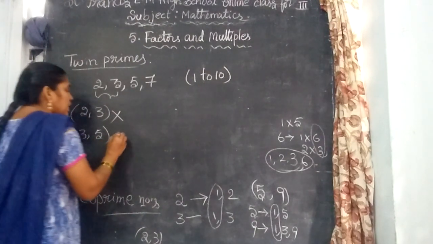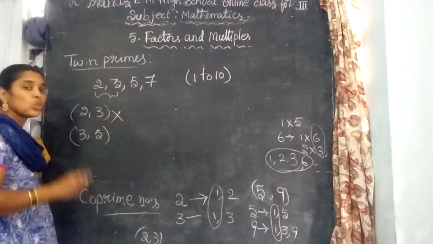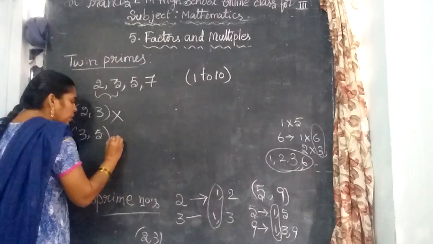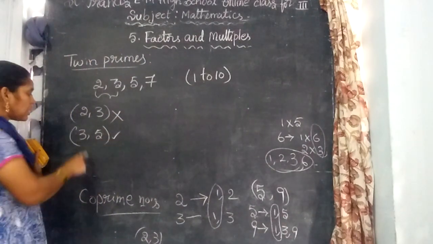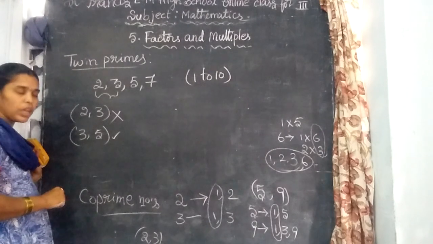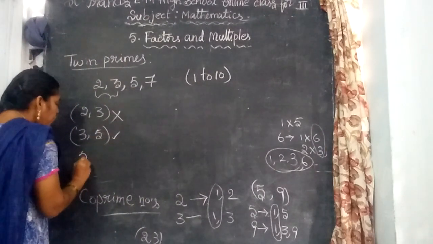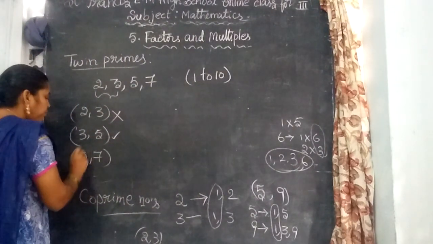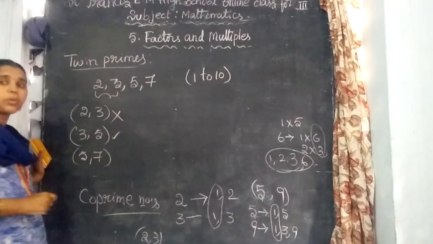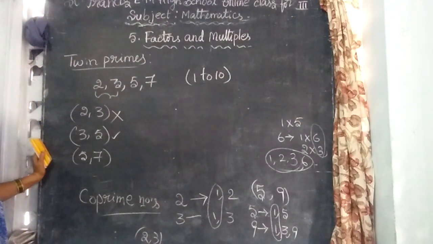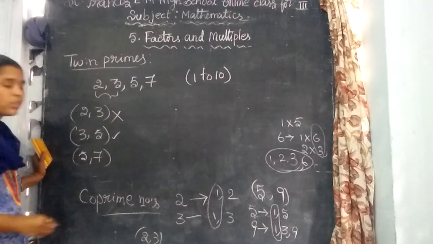The difference is 2. 5 minus 3 is 2. So this is a twin prime. These two are twin primes. Okay, children. Then you take 5 and 7. What is the difference between 5 and 7? 7 minus 5 is 2. Then these two are also called twin primes. Okay, children?